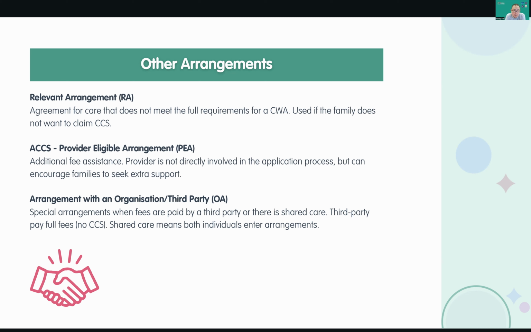As no CCS will be paid under this type of agreement, an enrollment notice must still be submitted for an RA. Okay, so you still need to create an enrollment ID for this child. As I said, that has different purposes of capturing children within your care, so the information about children within your care. Now, under this arrangement, the provider invoices the individual for the full fee as agreed in the arrangement.